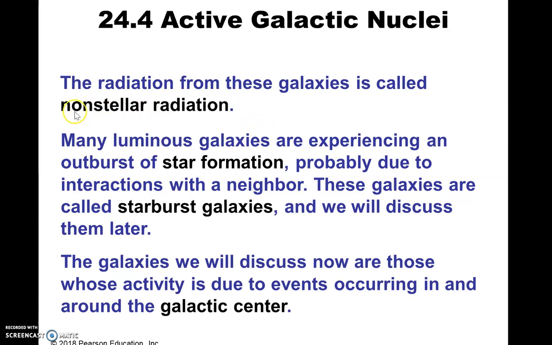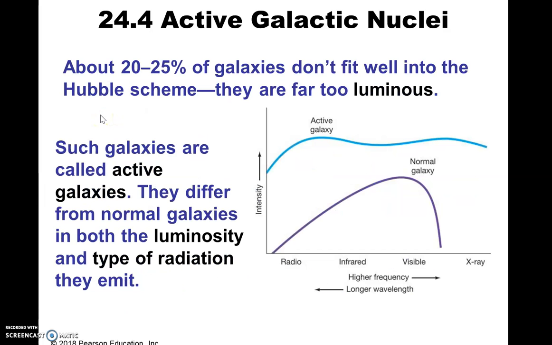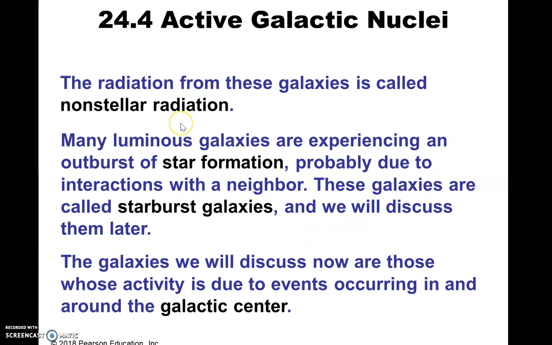So this is again what we call non-stellar. Some books call it non-thermal radiation, right? Because thermal radiation gives this black body curve. So these things are producing incredible amounts of energy, and some of them, not all of them, actually have what they call starburst.